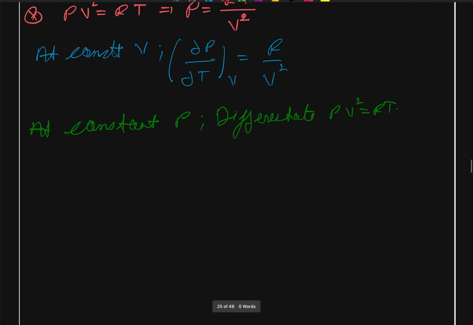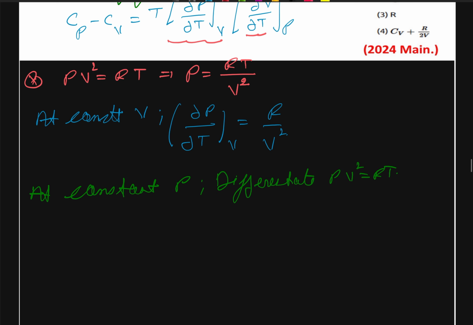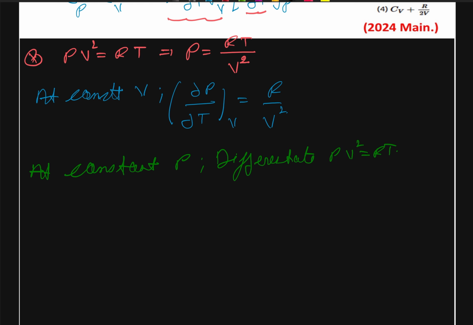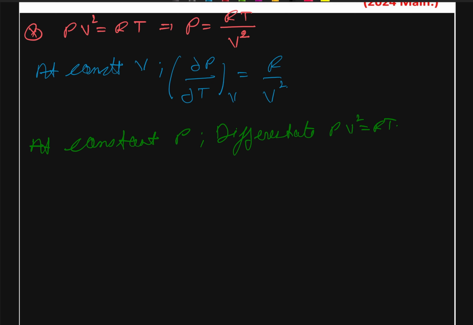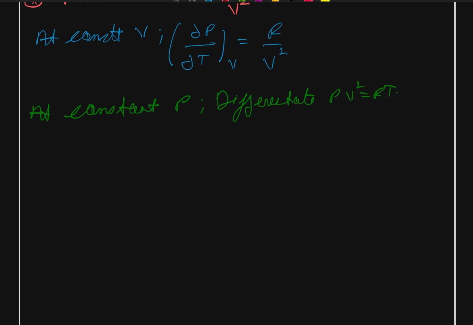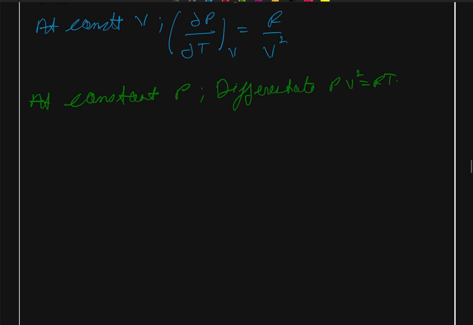We are given that pressure is constant, and therefore if we differentiate it, we move to the left and right, and this will be giving us R dT minus P times twice V, and the derivative of P is equal to 0.